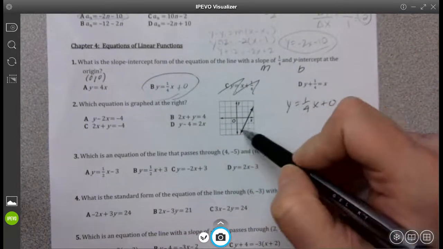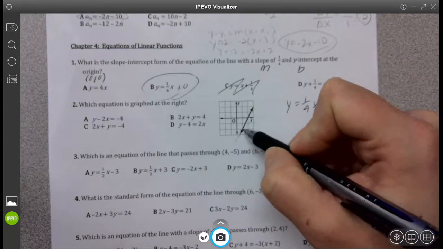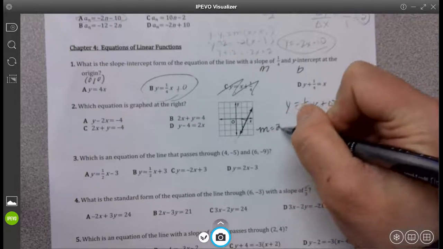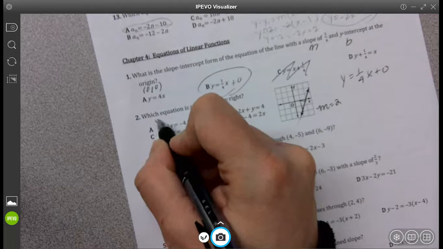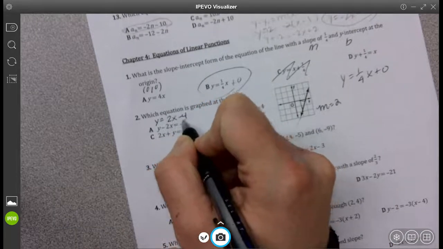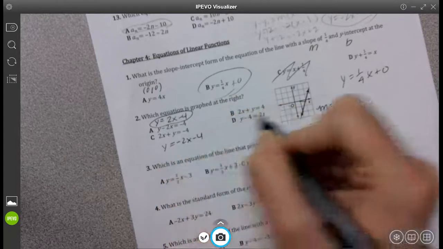Which equation is graphed at right? Well, we can't see where our intercept is, but I can definitely see that we go up 2 over 1. So I can see their slope is 2. First of all, let's get these all in slope-intercept form. If we move this -2 to the other side, that's 2x minus 4. You move this one to the other side, that's -2x minus 4.